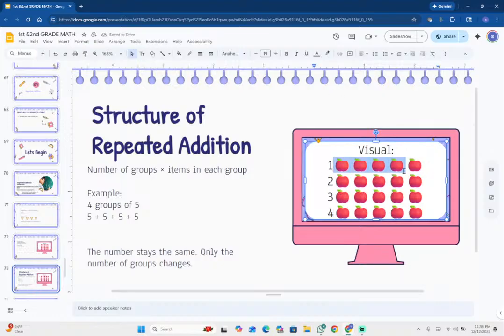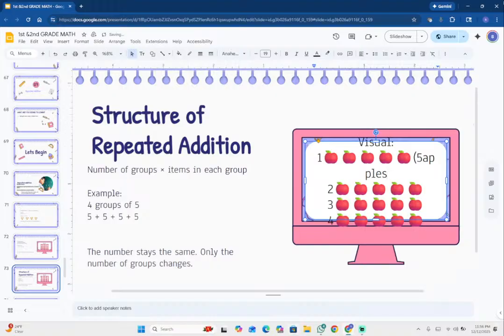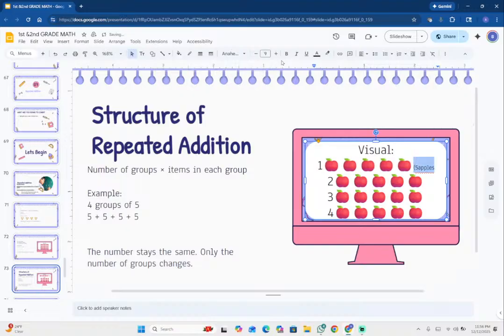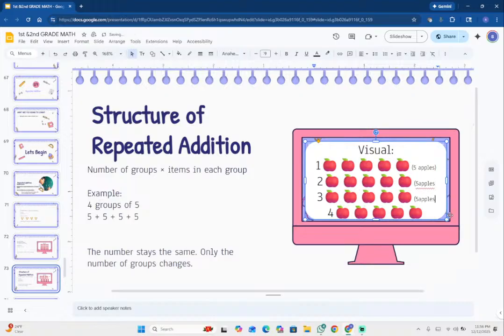And now each one of these has 5 apples. Five apples here, 5 apples here, and 5 apples here.